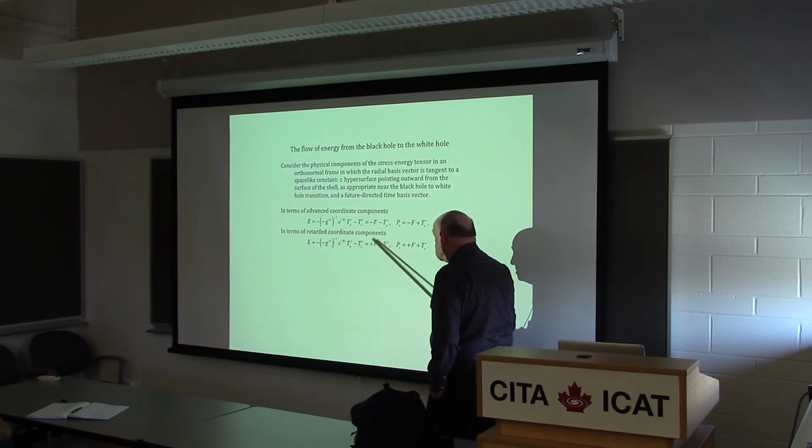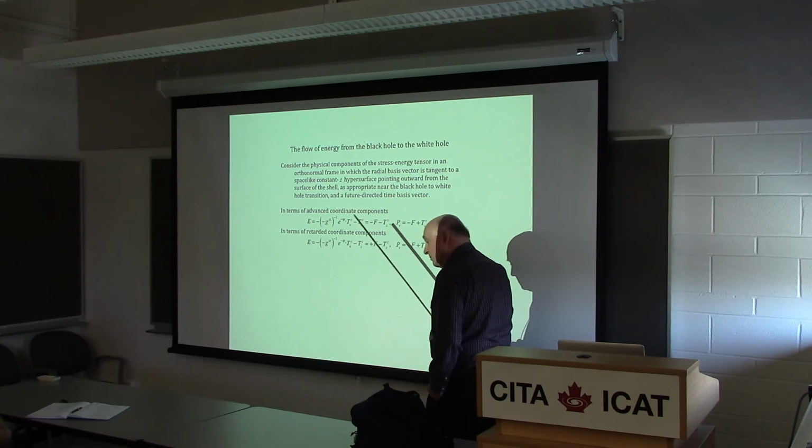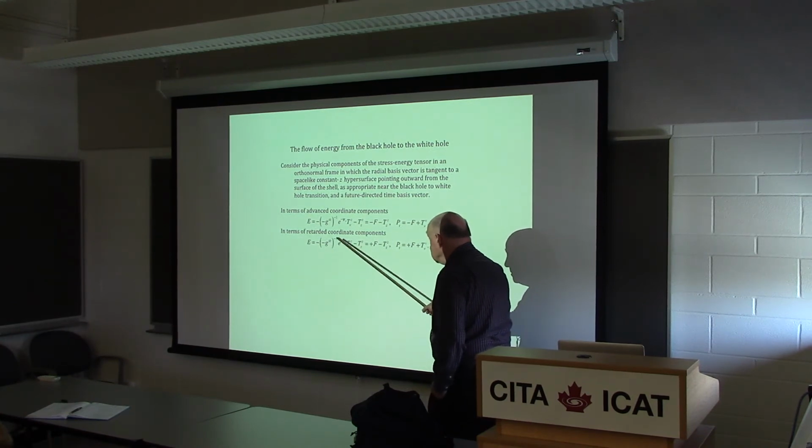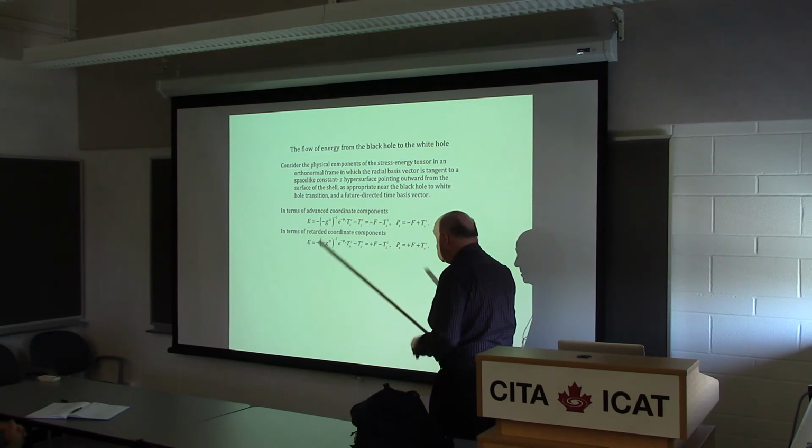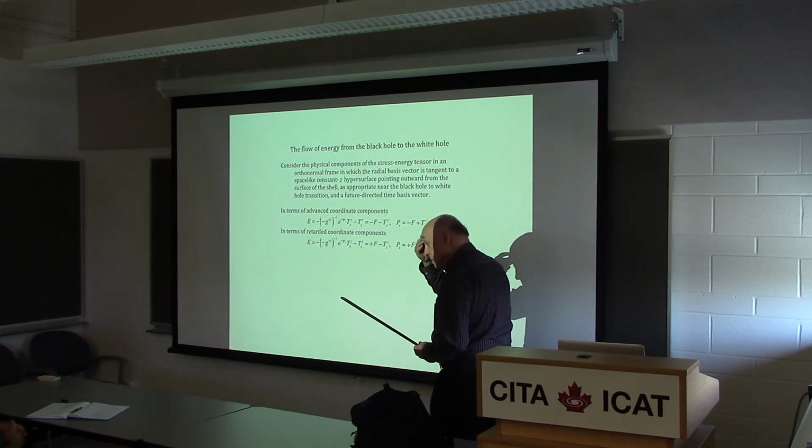But F, of course, is not going to change. It's something non-zero in the black hole, and it's going to stay the same, at least for some time, going into the white hole. So in the white hole, F should be negative, right? And a negative F, given these signs, corresponds to a negative E, energy density, and that gives you an outflow of negative energy, right?